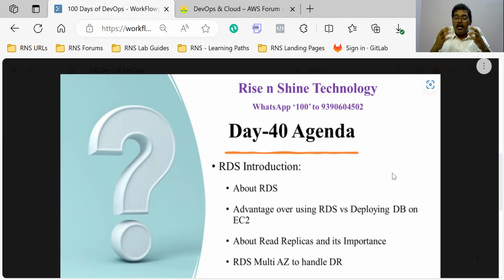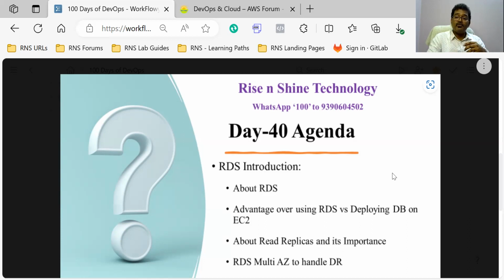Whenever we are working with RDS, we should know its importance and the optimization techniques from a scalability and optimization point of view. We should know what read replicas are and their importance, and how we manage high availability of the databases with multi-availability zone and how we define it.